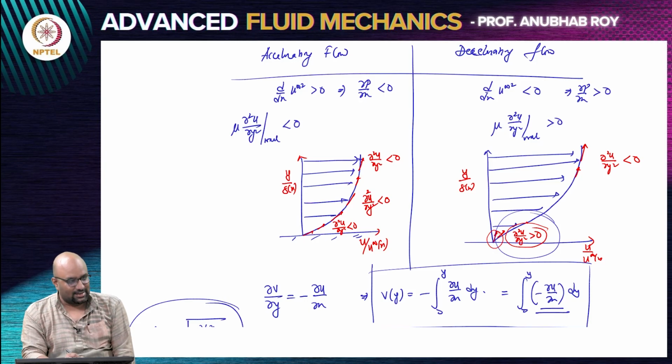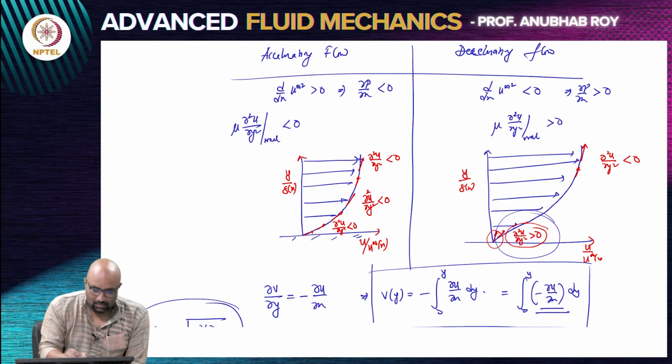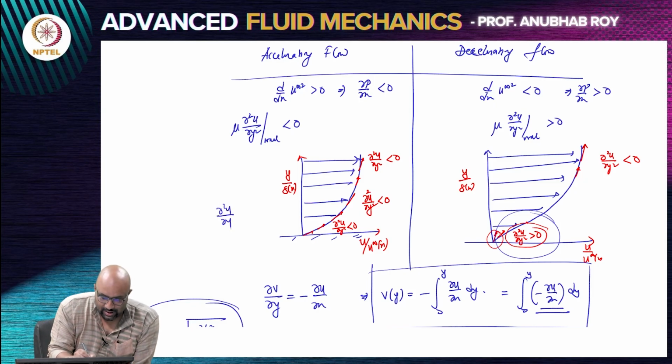In the accelerating scenario, the curvature is always negative, which means that the maximum shear stress occurs at the plate, or at the surface. Dou square u by dou y square can be written as dou y of tau by mu.